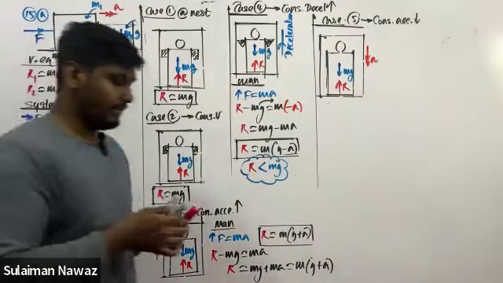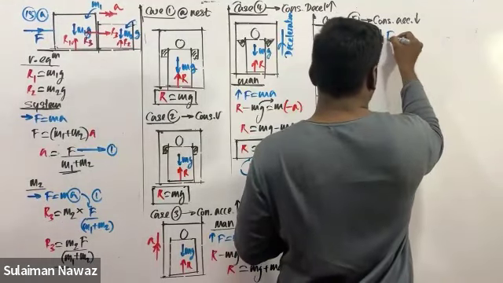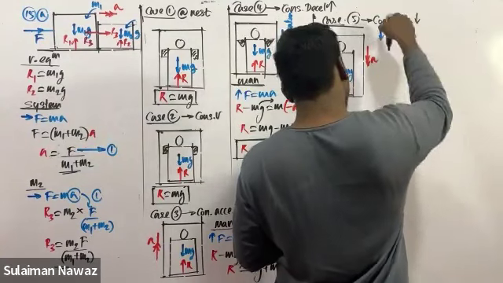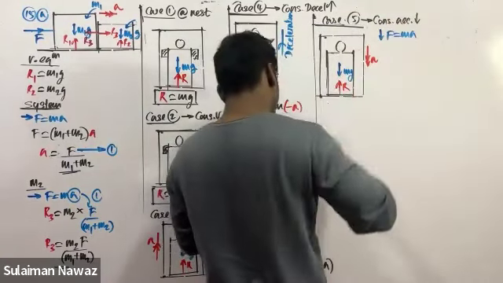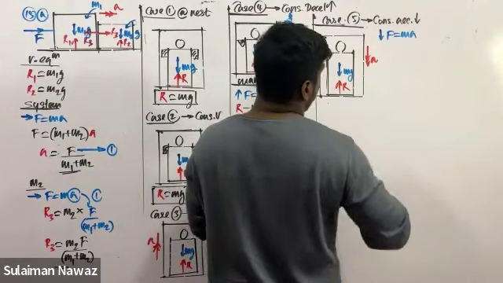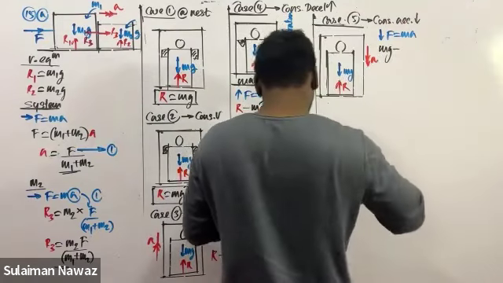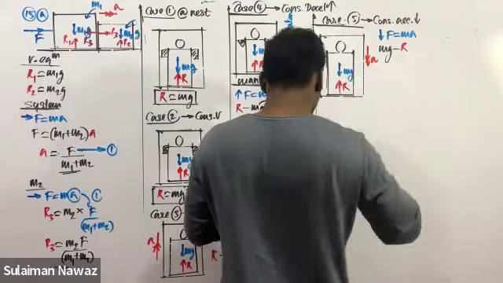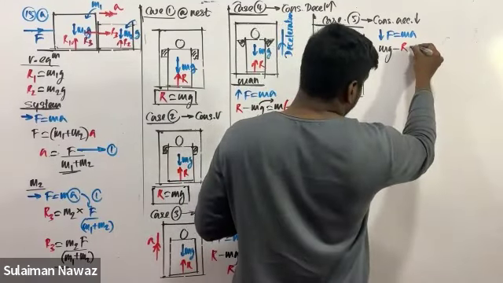In that case, apply F equals ma downwards on the man. This time the downward force is mg, the upward force is R, so mg minus R must be equal to ma, acceleration downwards.